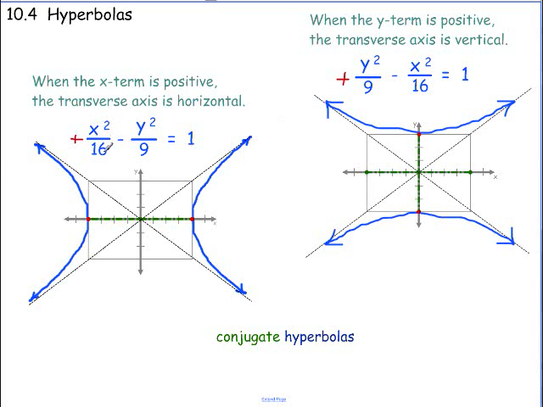This is x squared over 16. This is all equal to 1. The only difference is right here. Positive x squared minus y squared. Positive y squared minus x squared. Conjugate. We've seen that word a lot this year.